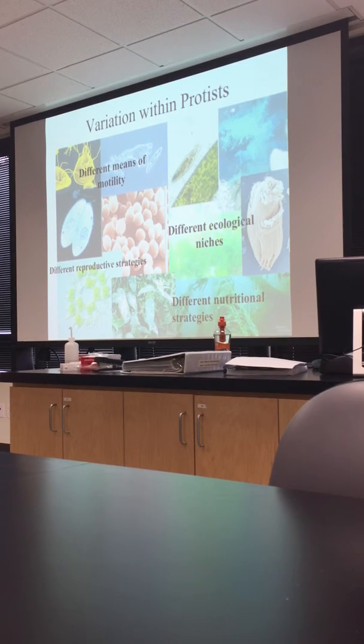There are 1, 2, 3, 4, 5 protist slides. Now your exam might not have all 5, but all 5, I'm pretty sure I asked you, all of them except 1, what domain this protist is in.